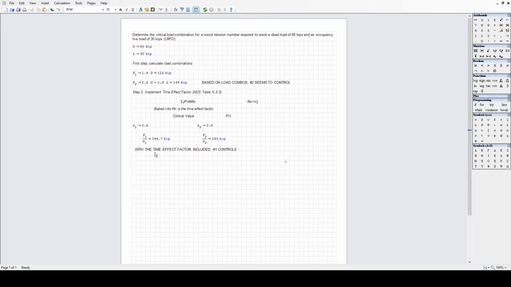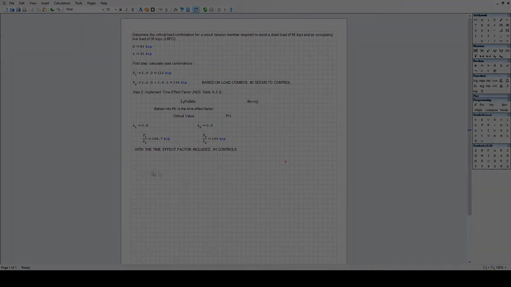But when you consider the time effect factor, the first load combination will actually control, because wood behaves differently over time. The dead load case, load number 1, will actually control.